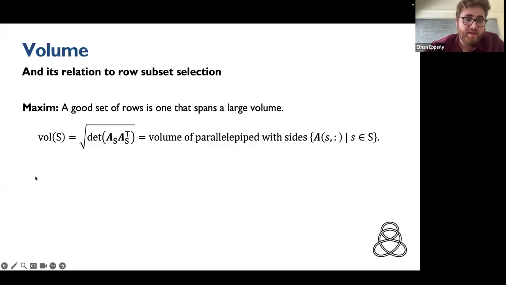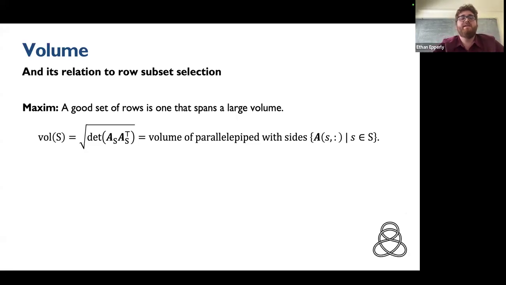And the volume of a subset S of rows of A is just defined algebraically to be the square root of the determinant of AS times AS transpose. Geometrically, we can think of this as the volume of a parallelepiped bounded by sides given by the rows that are indexed by our subset. So the volume of a set of rows is the volume of the parallelepiped bounded by the rows as the sides.